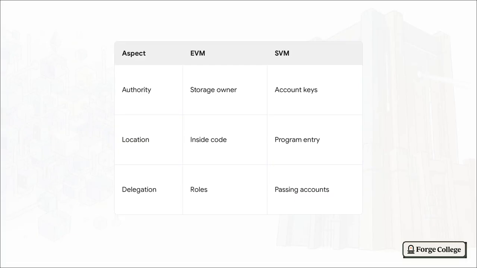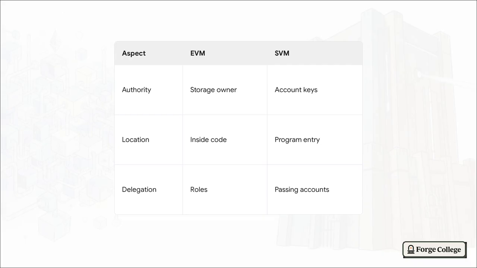Looking at this blueprint side by side, the differences are pretty stark. Check out the authority row. The EVM relies on internal storage and msg.sender, whereas the SVM relies on external keys and those signer flags. Now look at the check location. In the EVM, you are doing the check inside the contract code right before you mutate the state.